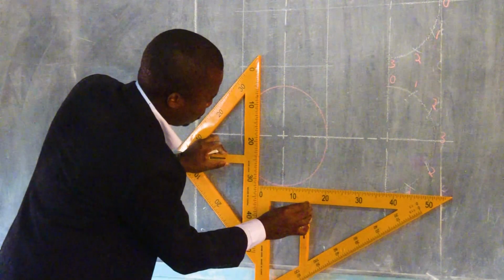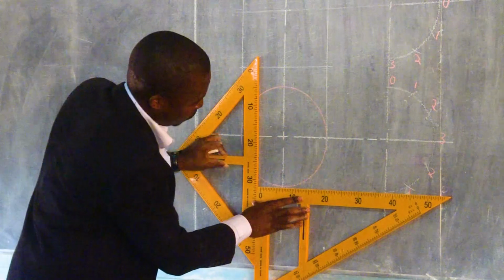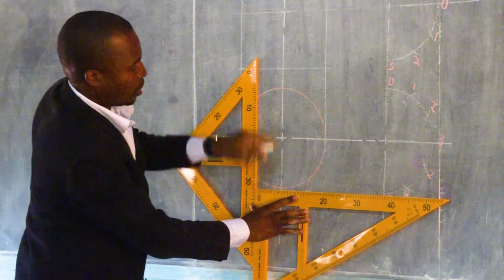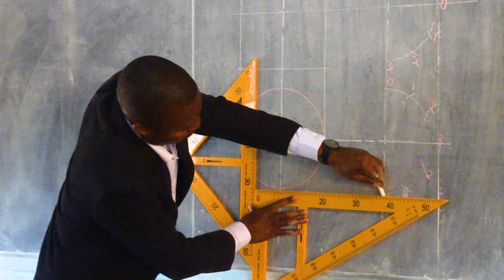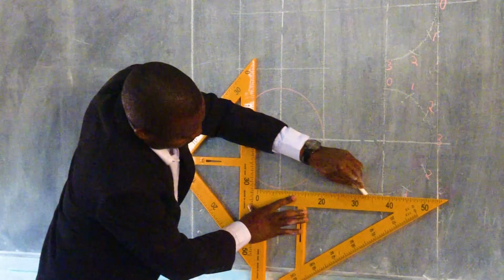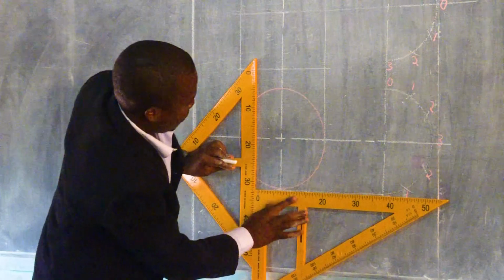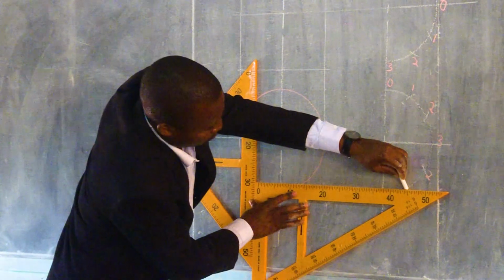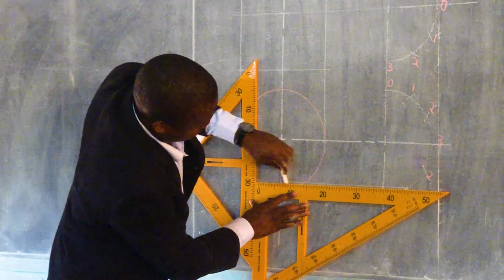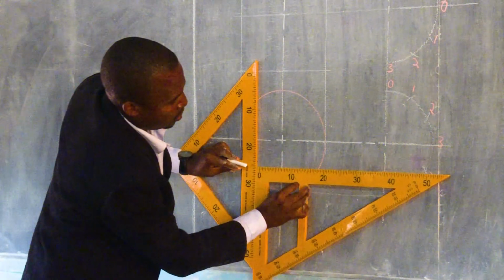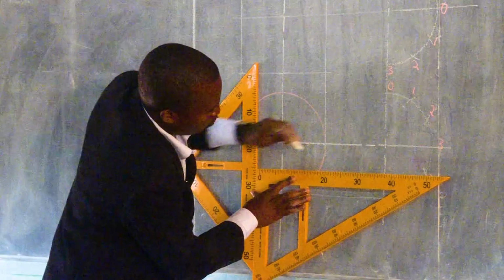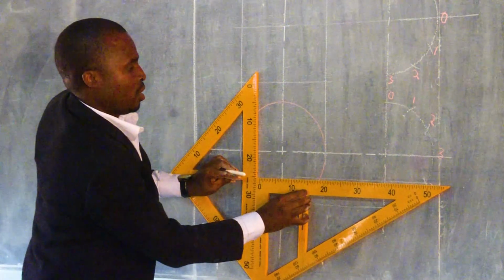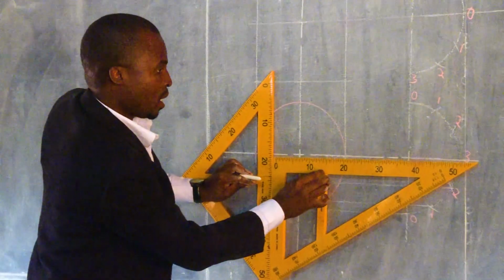Okay, this 0 should touch the end of this circle, or where this circle touches the center line. That, and then 1, that, and then 2, that, 3 we already have, is the center line. Yes.